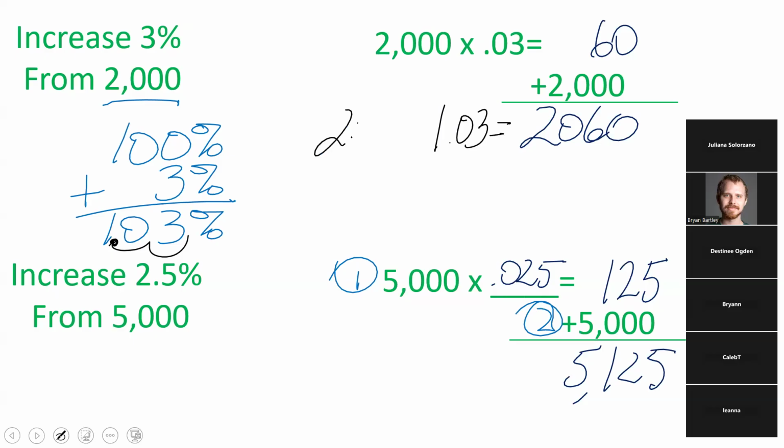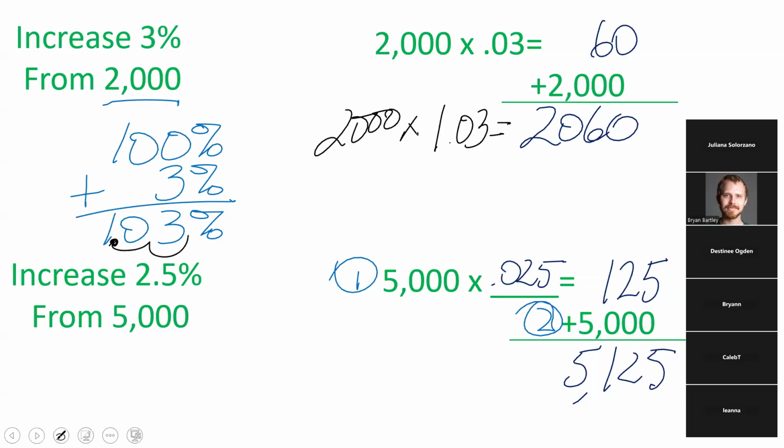And if I multiply 2,000 times 1.03, it'll automatically give me 2,060. Because the 1 is going to multiply by 2,000, the 0.03 is going to multiply and get 60, and your calculator will do all that work for you.